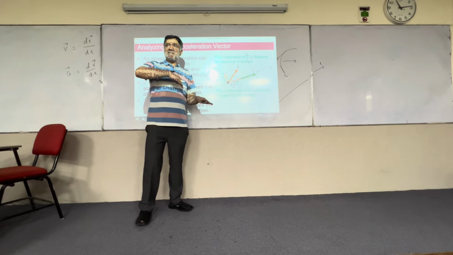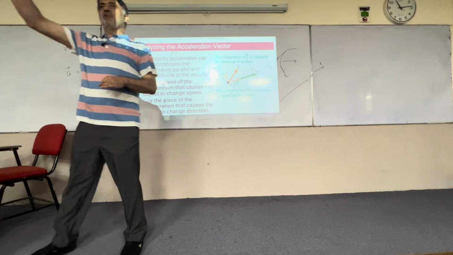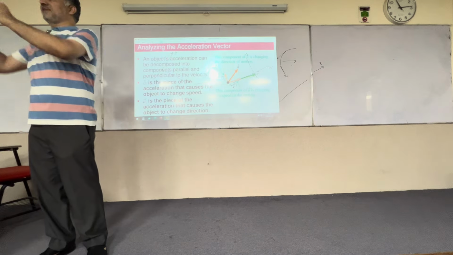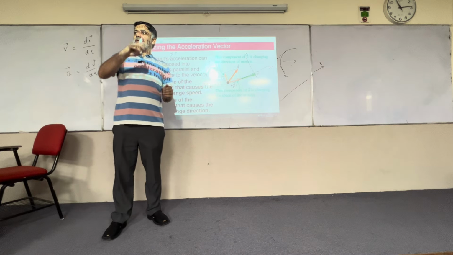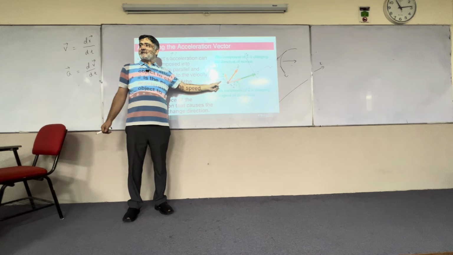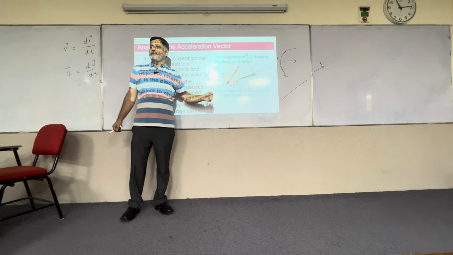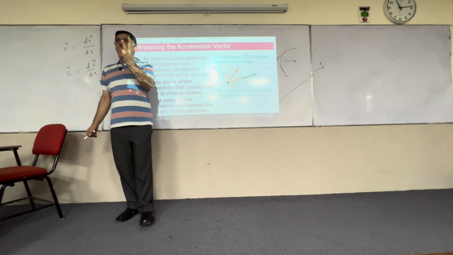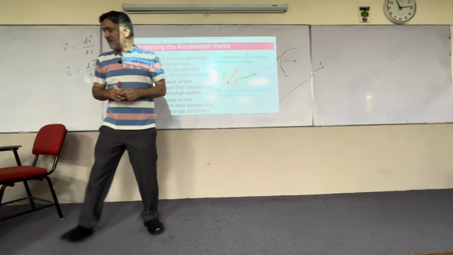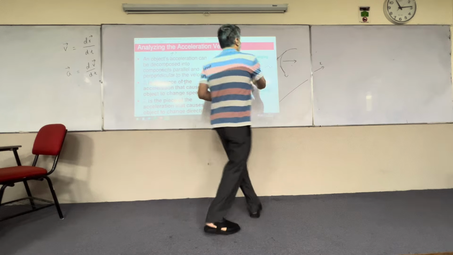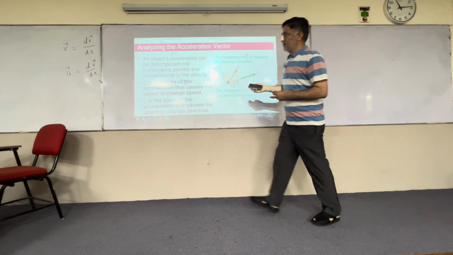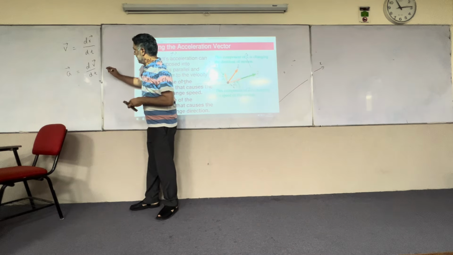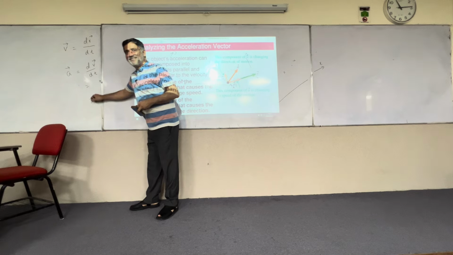This will be the tangential direction, so it always follows the tangent to the curve, and this will be the normal. So this is now your centripetal acceleration, and this is your tangential acceleration. You have now two components, which means something very interesting: I can now write my acceleration vector in two ways.